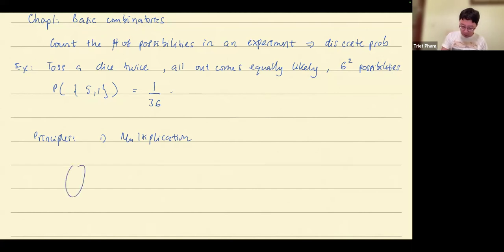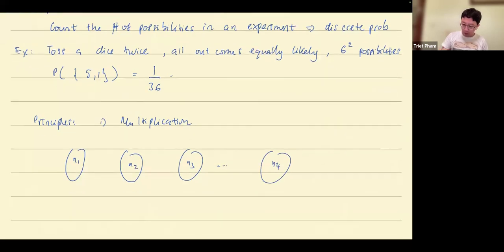Suppose we have so many groups: group 1, group 2, group 3, and so on and so forth. And we choose one object, one choice from each group.